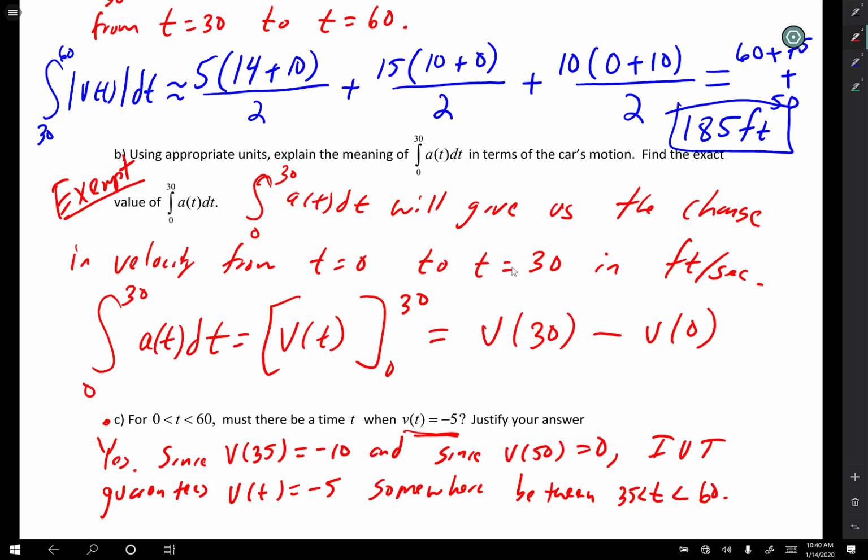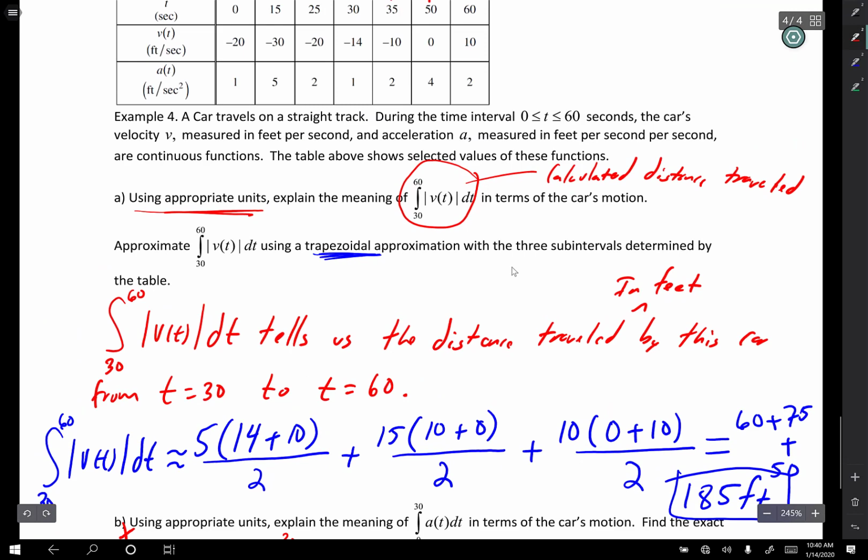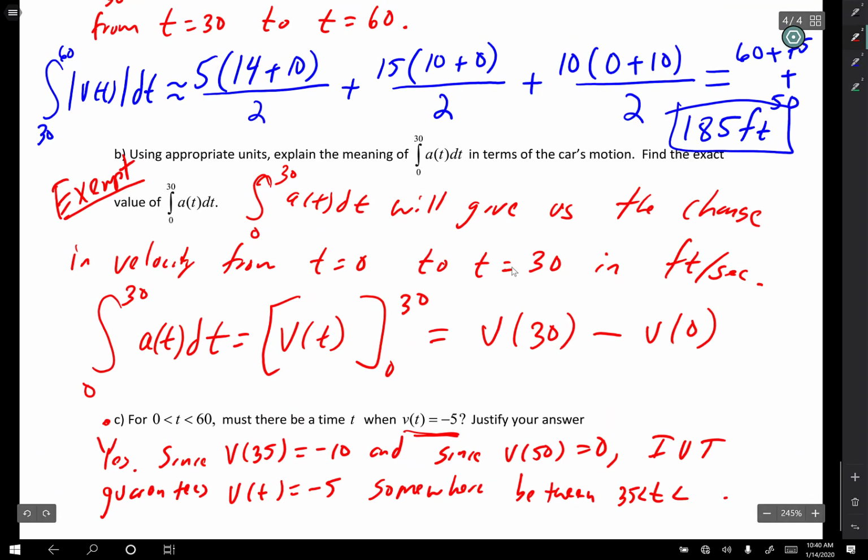Actually, with 50, okay, 50. I still would have gotten it right if I had left 60, though. Full credit. Cool or not cool?